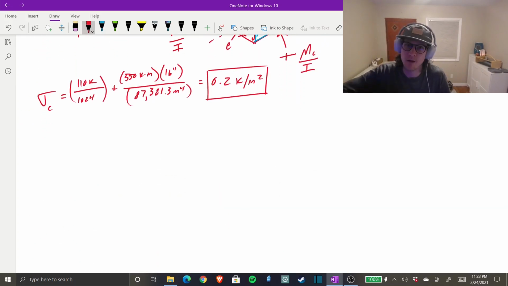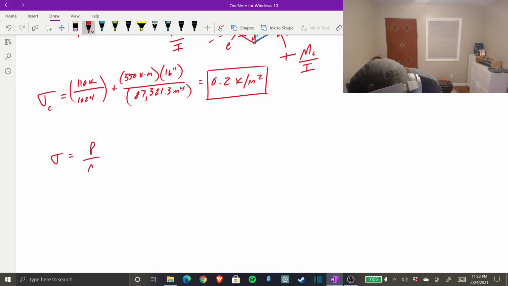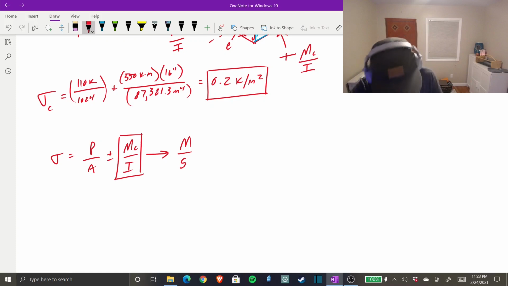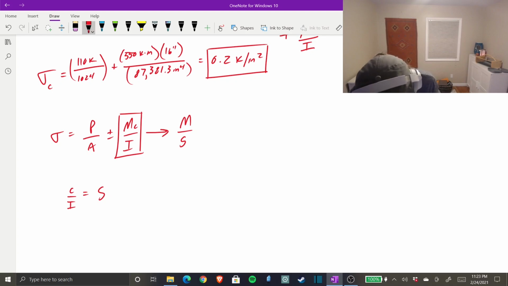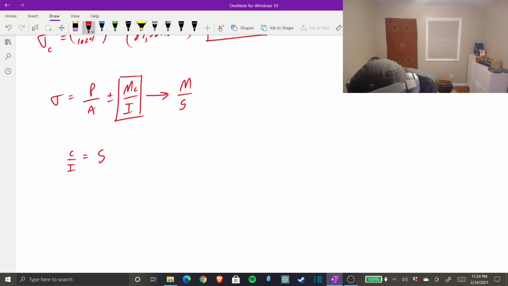Well, how can we make this go more quickly? Well, another way to write stress, P over A plus or minus MC over I, this portion can actually be changed to M over S. And S, you're like, what the deuce? Well, C over I is actually equal to S, and the way you can prove that is like this.